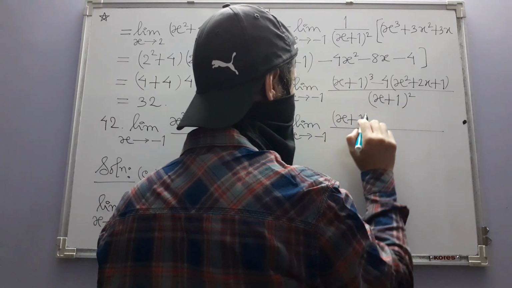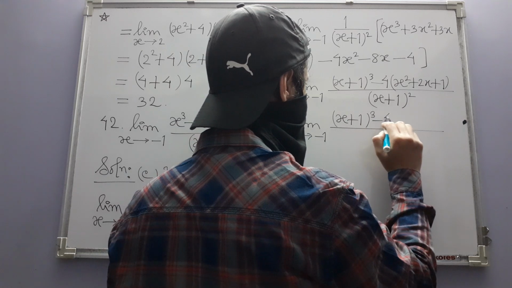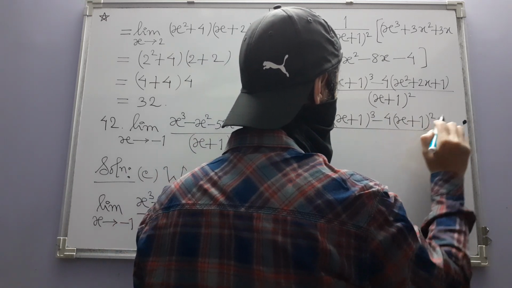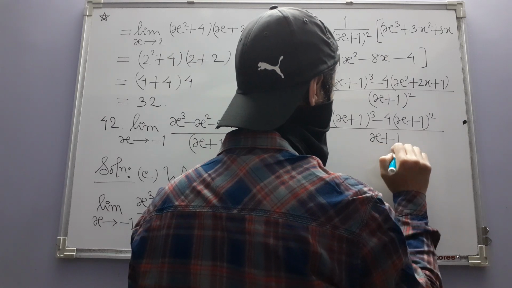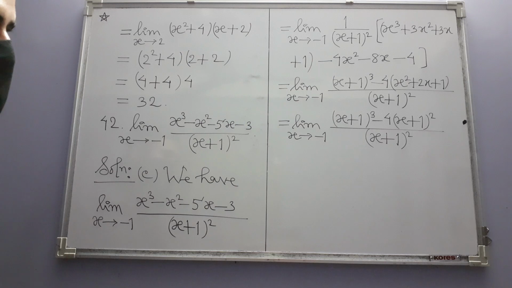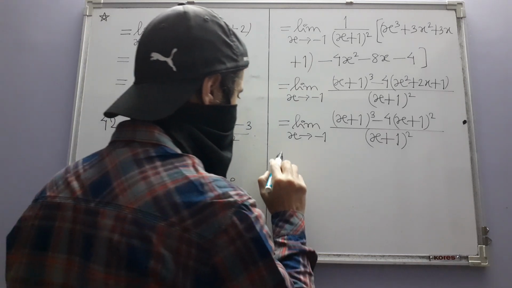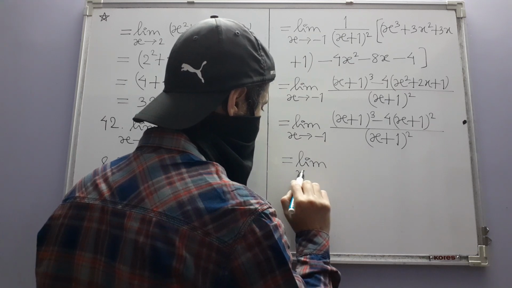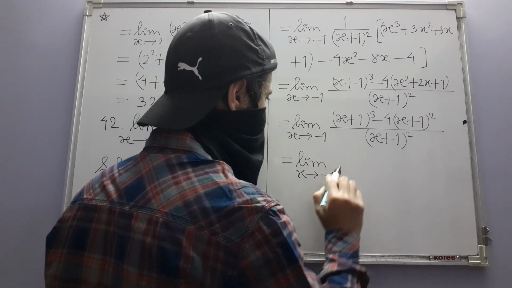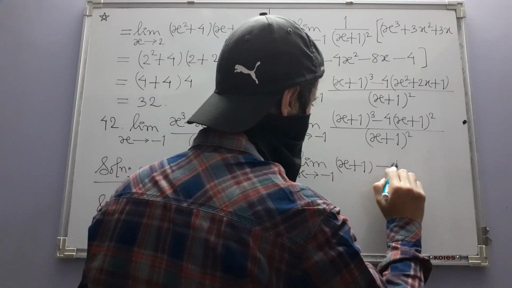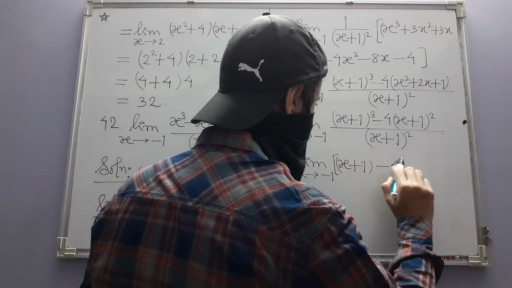x plus 1 whole cube minus 4 times x plus 1 whole square, divided by x plus 1 whole square. So now we can do the cancellation, and that will give us x plus 1 minus 4.